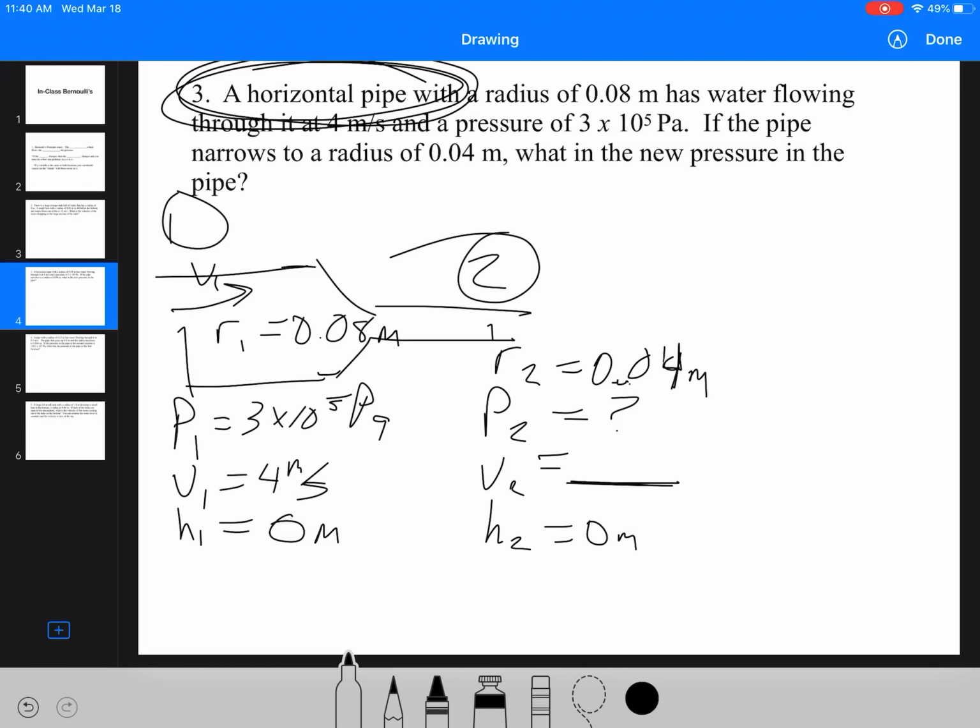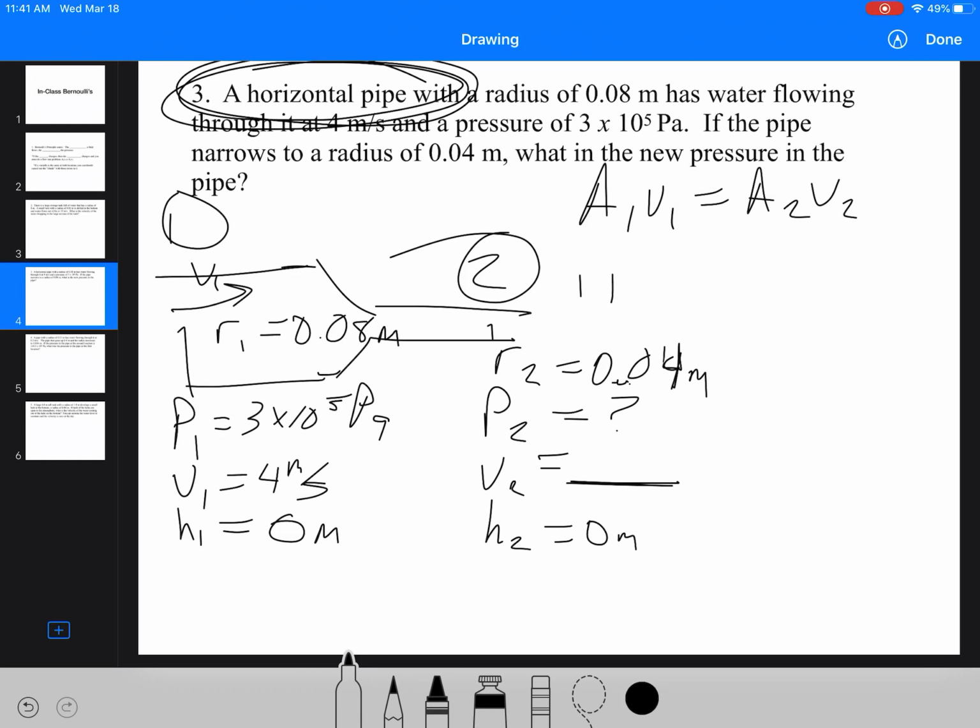If your area changes, then your velocity is going to change as well. If your area changes, your velocity changes. So we have to do an A1 V1 is equal to A2 V2 problem first.